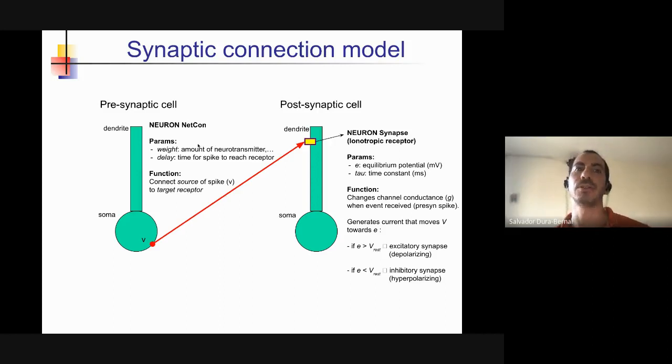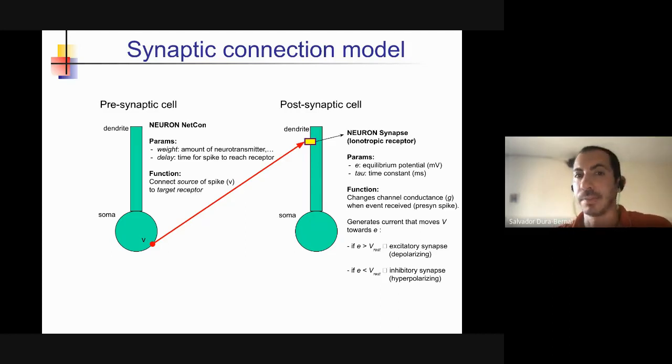Parameters of the netcon. We have the weight, or the strength of the connection, which can be something like the amount of neurotransmitter, but could also be equated to other things like the amount of synaptic vesicles. There are a number of biological parameters that are combined into this parameter called the weight.